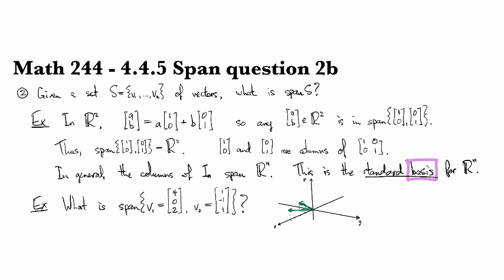So then the span of these two vectors is going to be everything that I can make as a sum of these vectors.